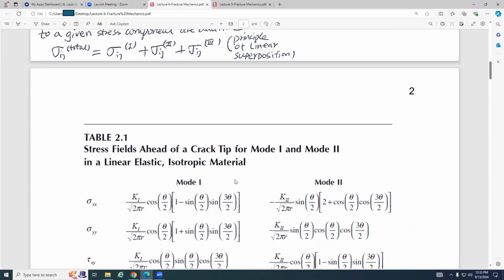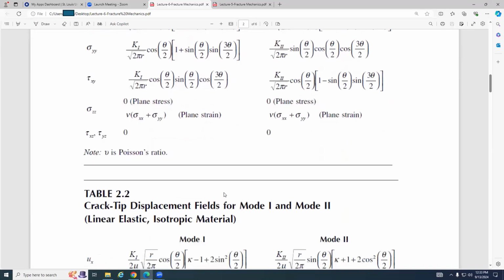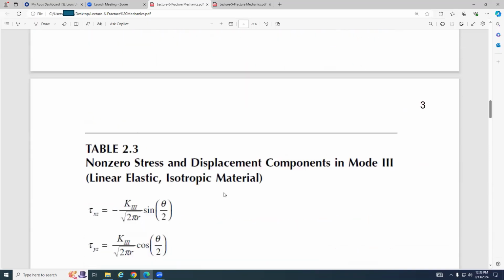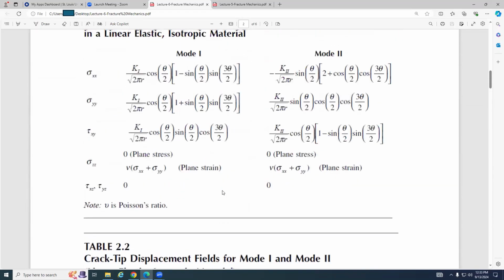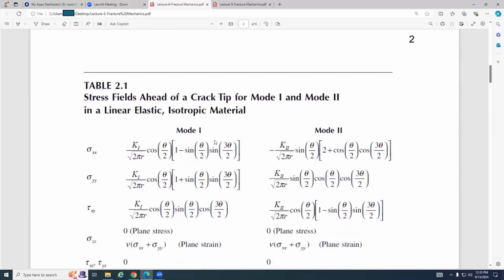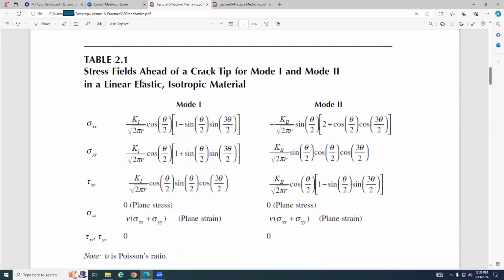So here are the equations. As I said, there is no need to memorize, but you need to understand. You can see table 2.1, mode 1, mode 2, sigma x, sigma y, and tau xy. Here we differentiate two case scenarios: one is plane strain, one is plane stress, right?